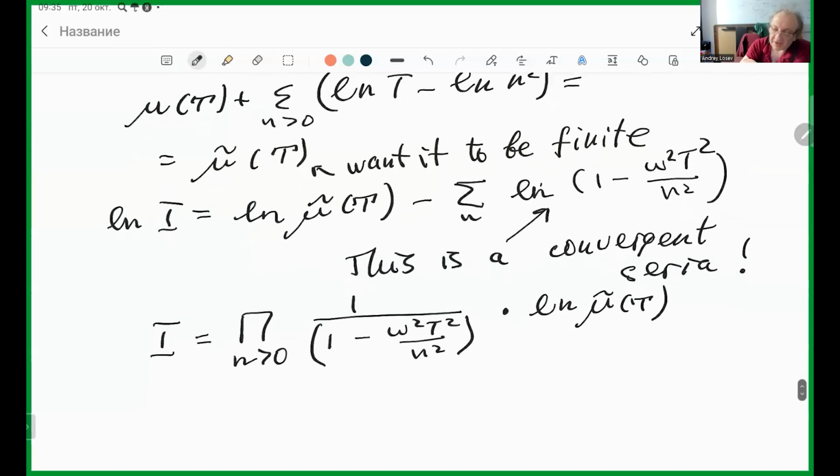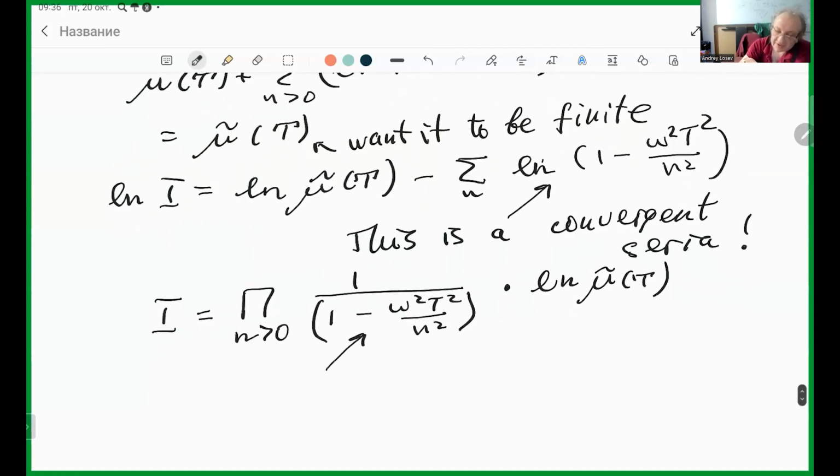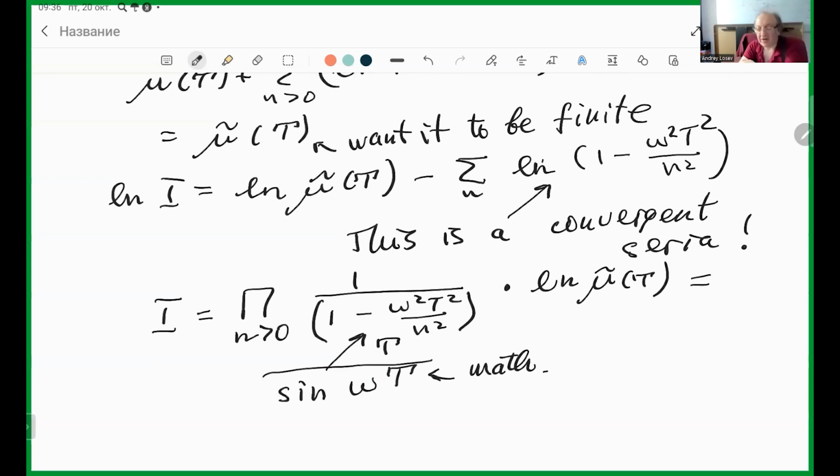Now, the interesting thing is that this product is known to be a sine omega t, so it is t times sine omega t. So this is mathematics. The reason is that this infinite product has the same zeros as the sine function.